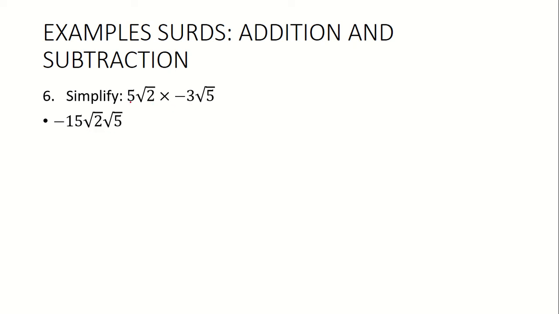Once you have the same root, but inside the roots the factors are different, you can simply multiply these factors and keep the same root. 2 times 5 will give you 10. Hence, I have negative 15 times the square root of 10.